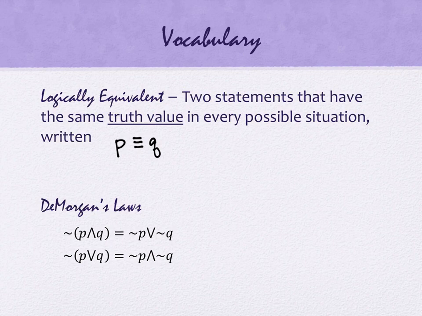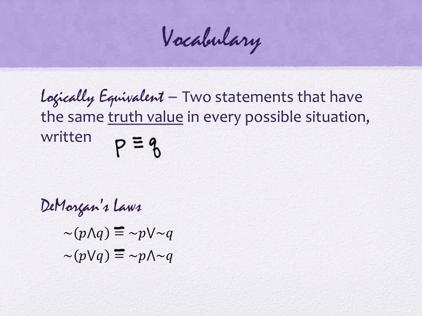And what that leads us to is De Morgan's laws. So De Morgan's laws, which there's no triple equals on my computer, that's why they're missing them, so we'll just put them in right here for ourselves. De Morgan's laws talk about specific statements, namely conjunctions and disjunctions, and what happens when you negate them, and how to create their logical equivalent counterpart. So if you negate an and statement, it will become an or statement.